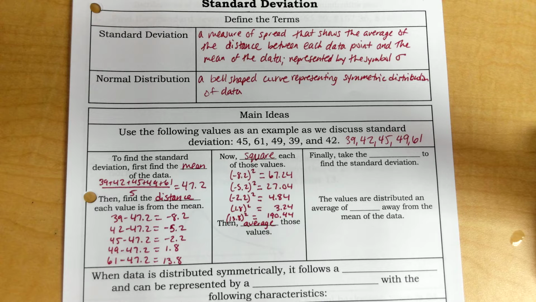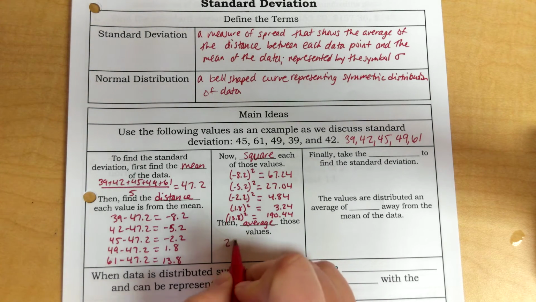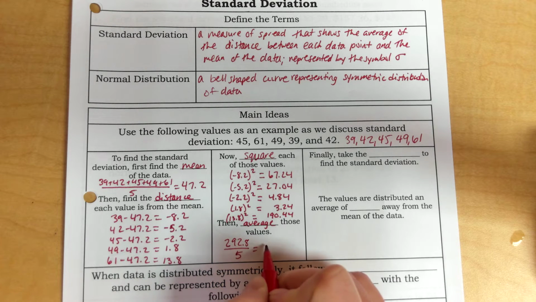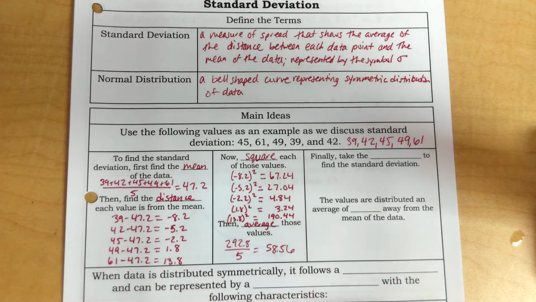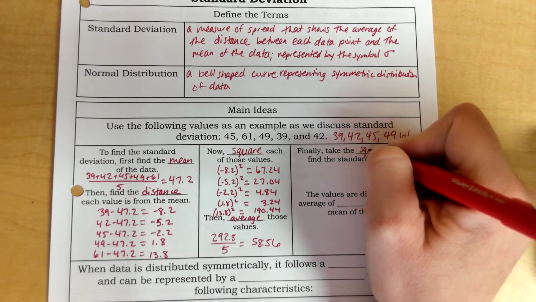I'm going to divide that again by 5, and I get, let's see, 292.8 divided by 5, which is 58.56.